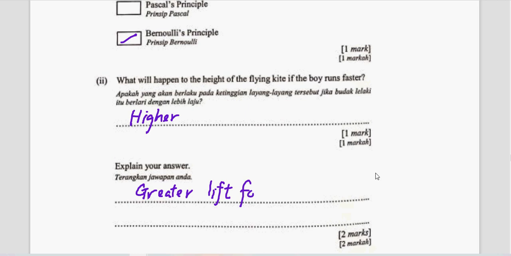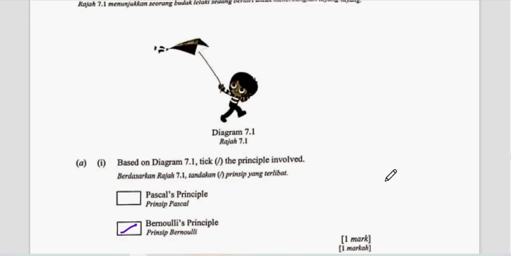Mesti tunjuk arah lah, upward force. If you just write greater force, it is not very clear, because you need to specifically show that there will be force pushing upward. Due to this macam aerofoil shape lah.